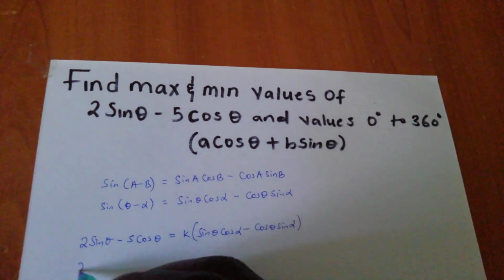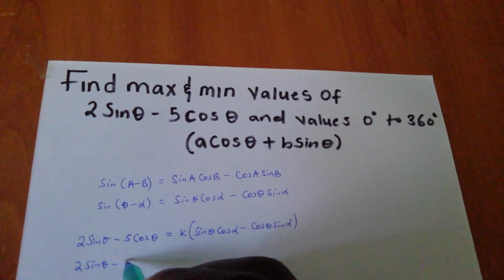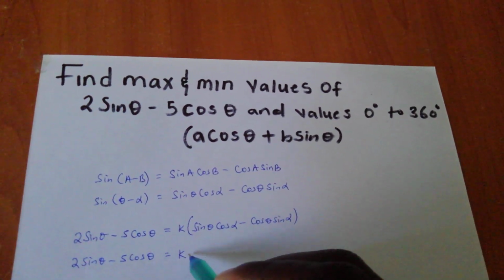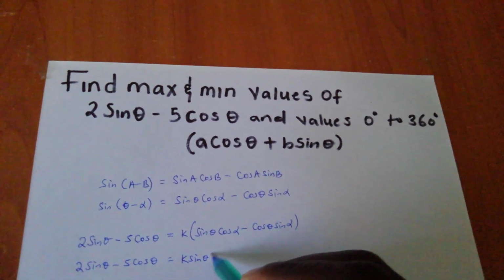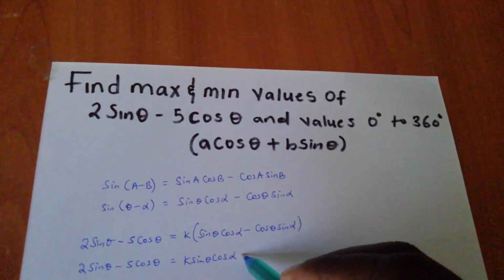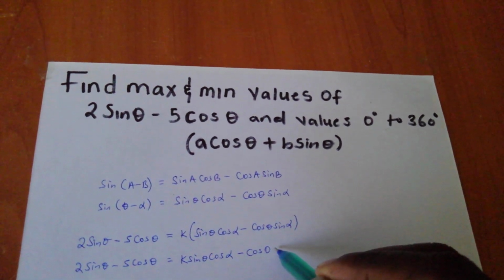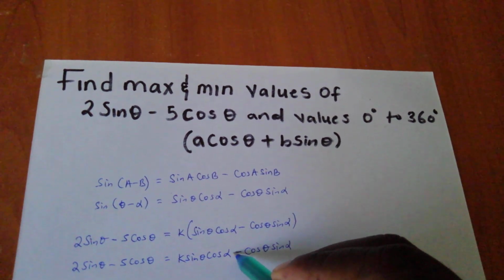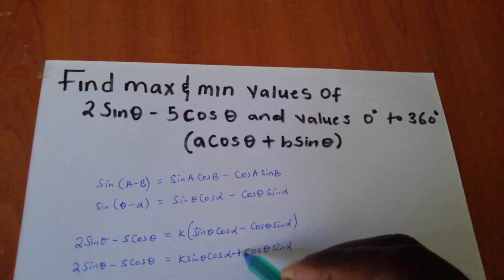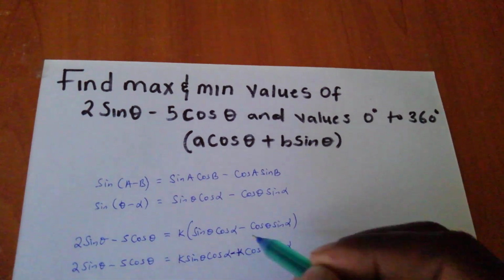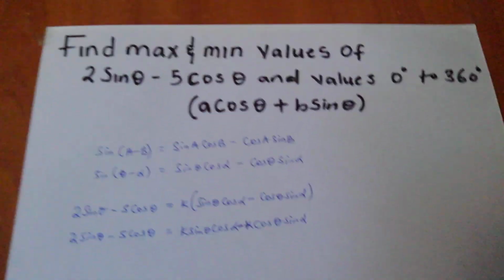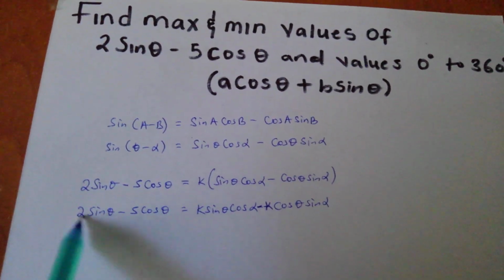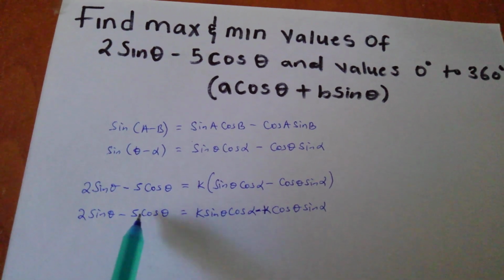Now opening the brackets, 2 sine theta minus 5 cos theta will give me k sine theta cos alpha minus k cos theta sine alpha. There is a k here. If I put the k in the brackets, I will compare this side to this side and this side to this side.